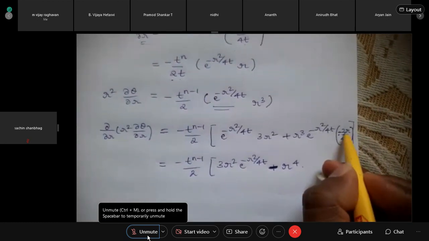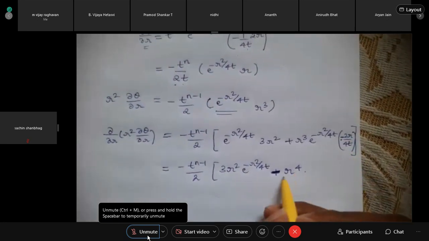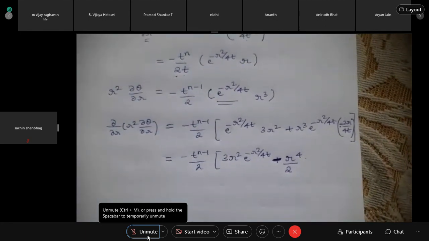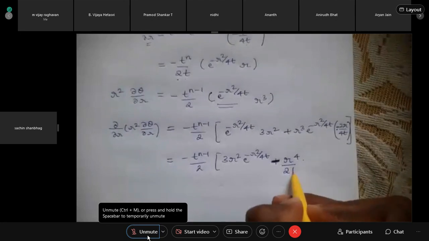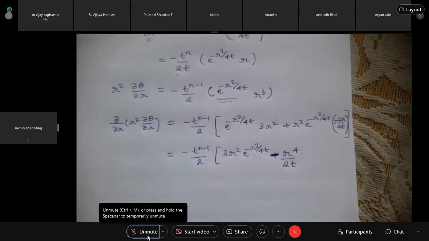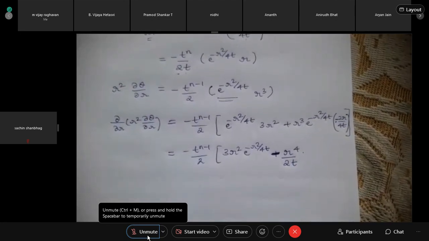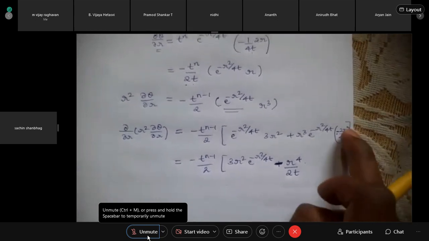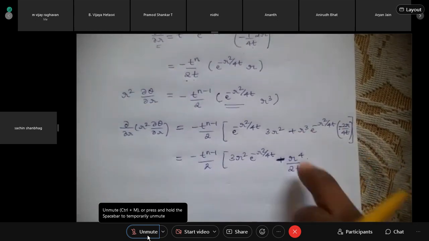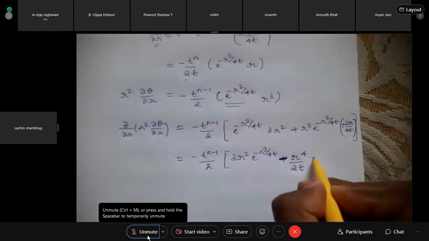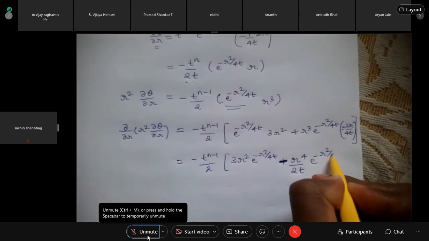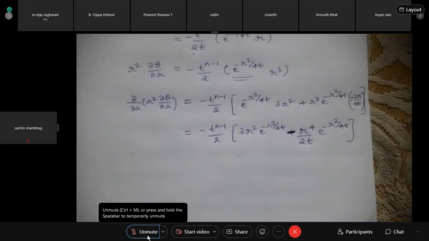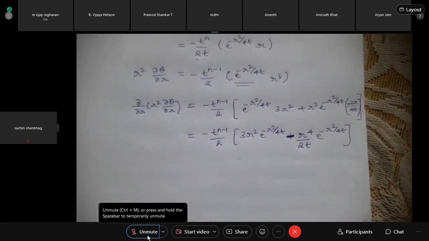Then 2 divided by 4, can I write it as 2 in the denominator along with t? R multiplied by r cube becomes r power 4. And we are just left with e to the power of minus r square divided by 4t now. I hope it is correct now.